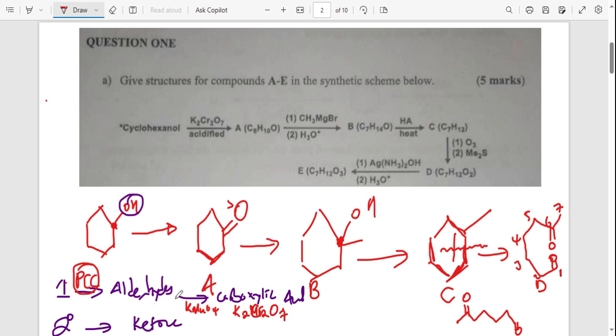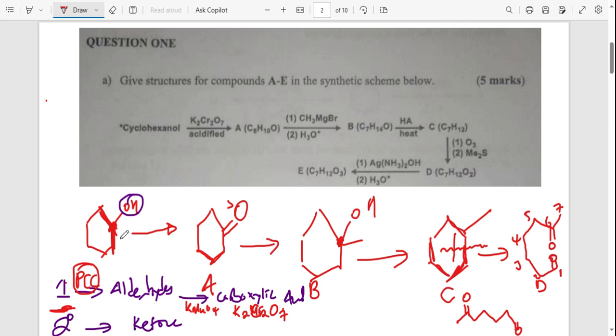So if I use any one of these three for primary alcohols, they will convert primary alcohols into a carboxylic acid. And the alcohol we have here is a secondary alcohol, not primary. The alcohol that we've been given in this question is a secondary alcohol, if you can see. So that is why this alcohol is being converted into a ketone, because it is secondary.